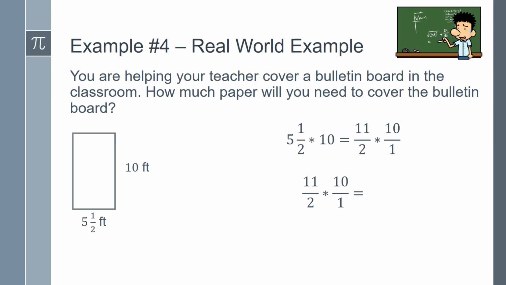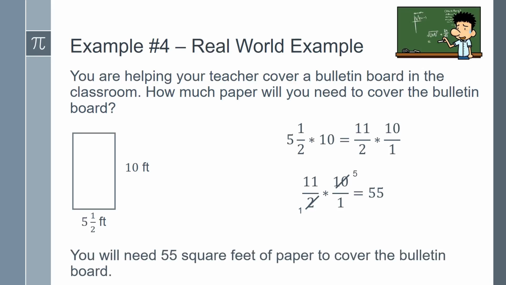If we divide them each by 2, we find that 10 divided by 2 is 5, and 2 divided by 2 is 1. Now multiplying across the numerators, we have 11 times 5, which is 55, and we have 1 times 1, which is 1 in the denominator. So our answer is 55. You will need 55 square feet of paper to cover the bulletin board.